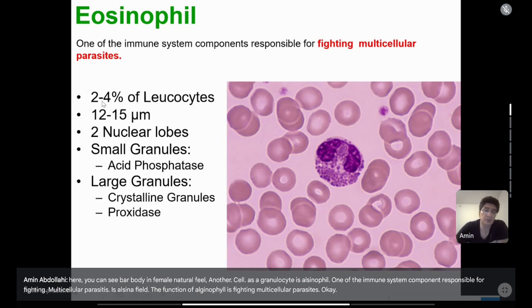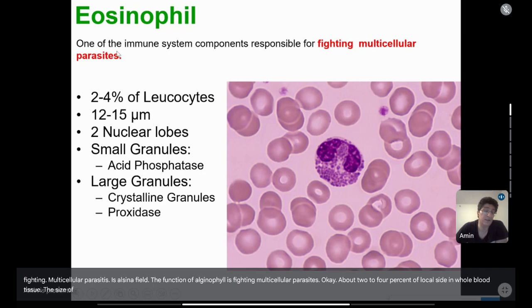About 2 to 4% of leukocytes in whole blood tissue. The size of eosinophil is the same as neutrophil, about 12 to 15 micrometers in diameter. This type of granulocyte has two nuclear lobes.